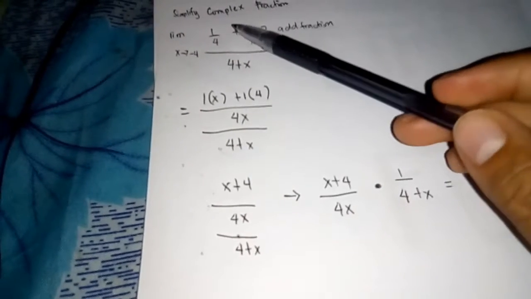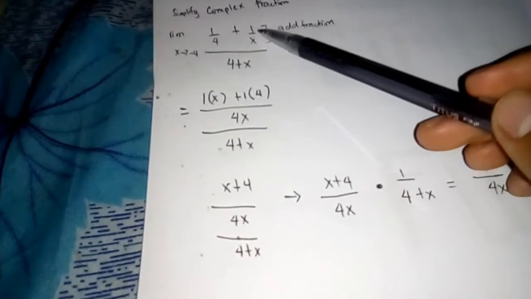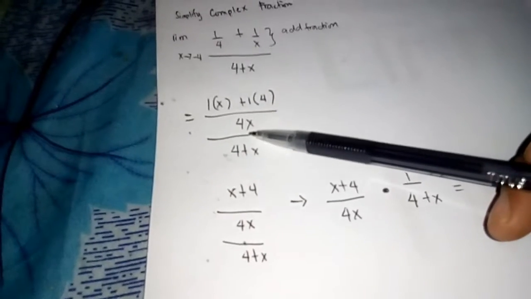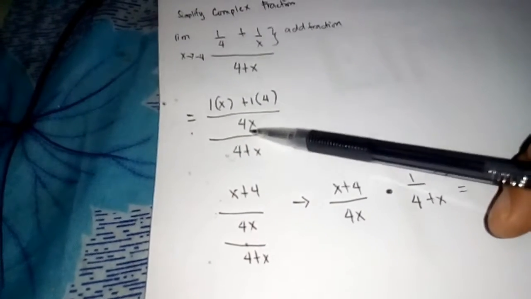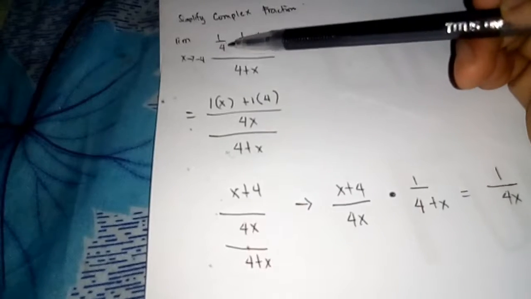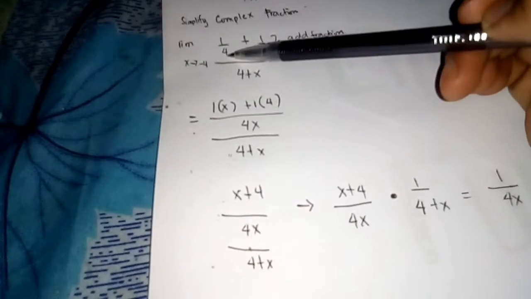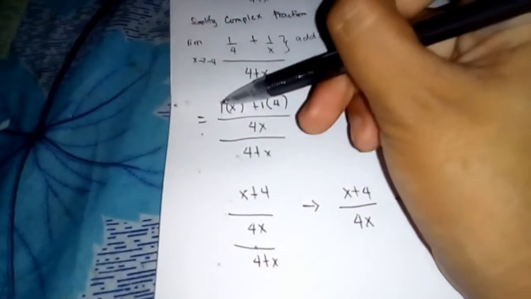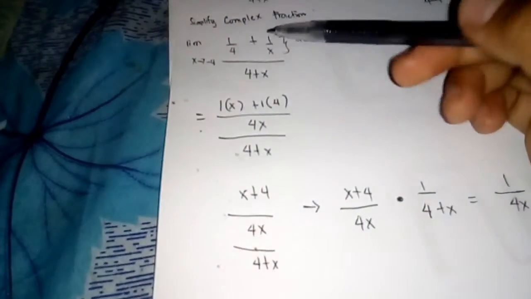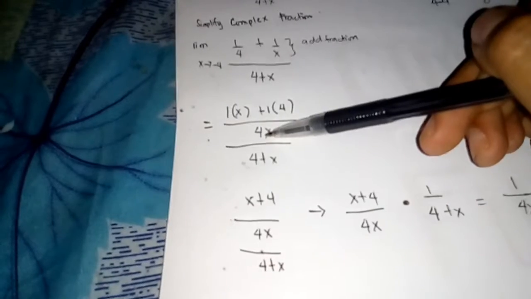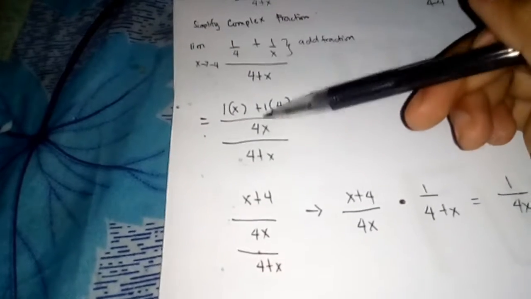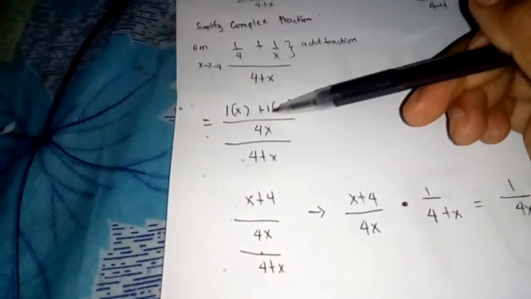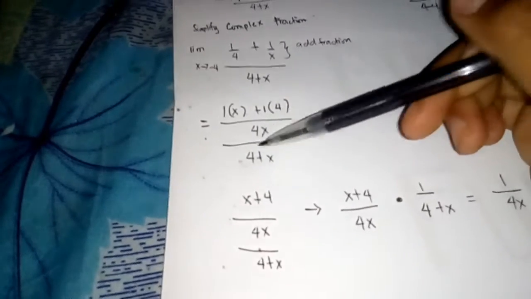The LCD of 1 over 4 plus 1 over x is 4x. So 4x divided by 4 is equal to x times 1. So this is 1 times x. 4x divided by x is equal to 1 times 4, over 4 plus x.